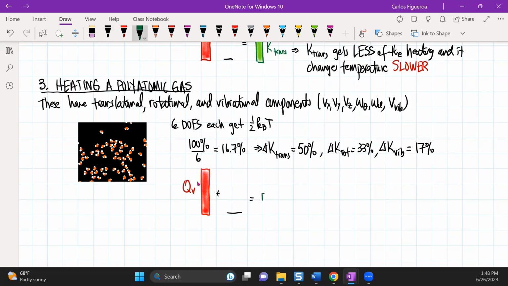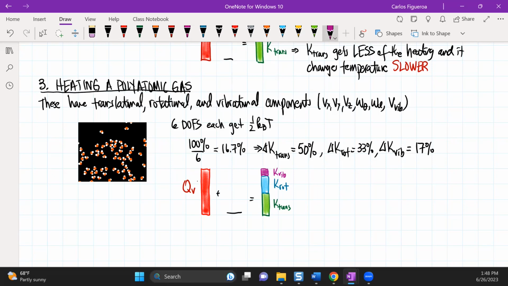So I'm going to say half of it goes to K translational. About a third of it goes to K rotational. And then 17% gets K vibrational.